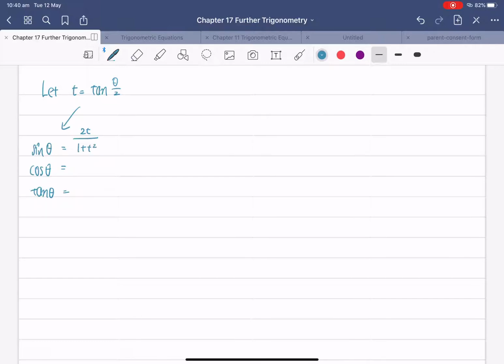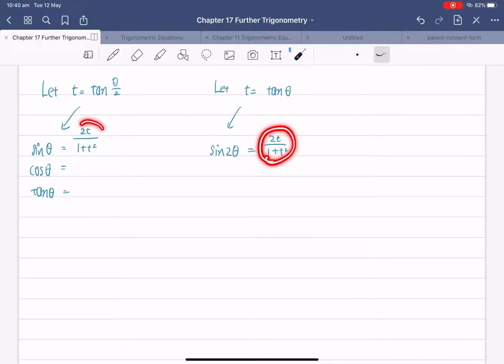Now, what happens if we let t equal tangent theta, not theta over 2? In that case, we are going to get sine 2 theta here, and that gives you 2t over 1 plus t squared. Same answer, exactly the same expression.